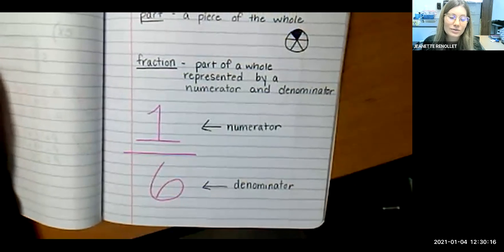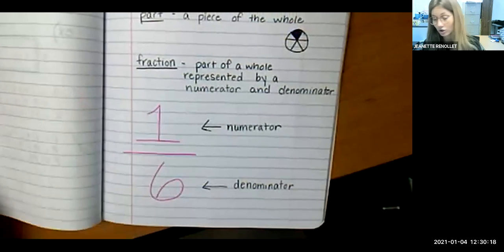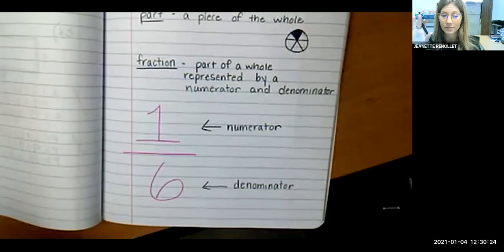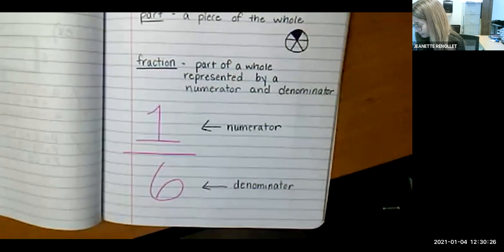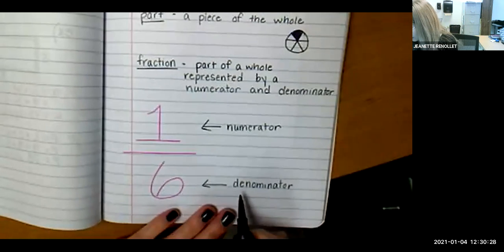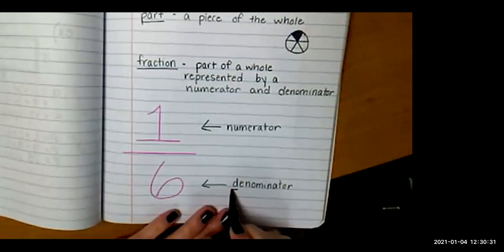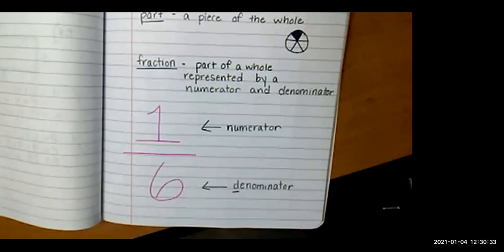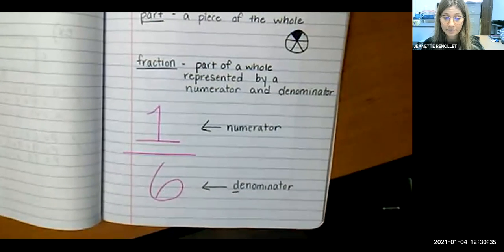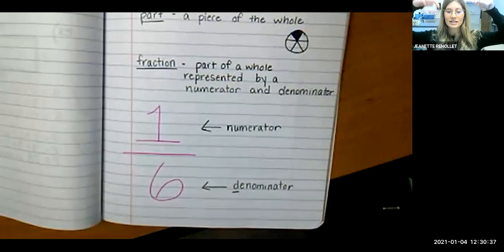Another trick that kids use to remember which is which is pretty easy. Who wants to know the trick? Okay, here's the trick. Denominator starts with a D. Denominator starts with the letter D, and it is down.